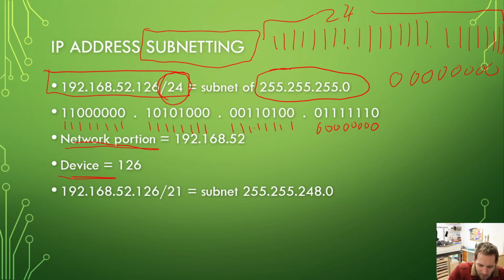So anywhere we have a 1, that becomes the network portion. So that in this case stops right here. Anywhere we have zeros, that would be our device portion. So this is a nice overall simple way to separate things out.